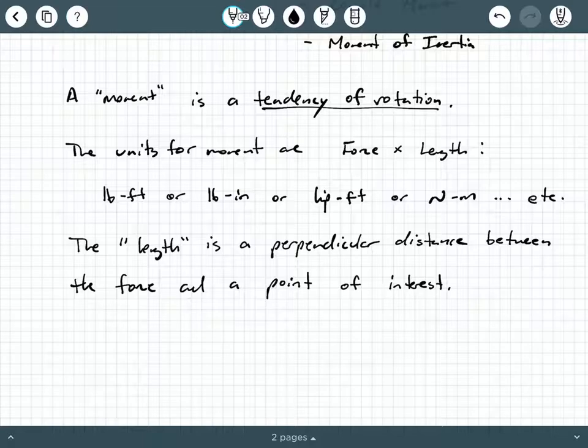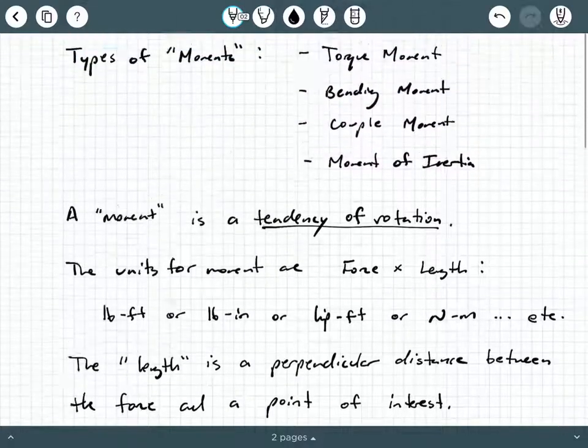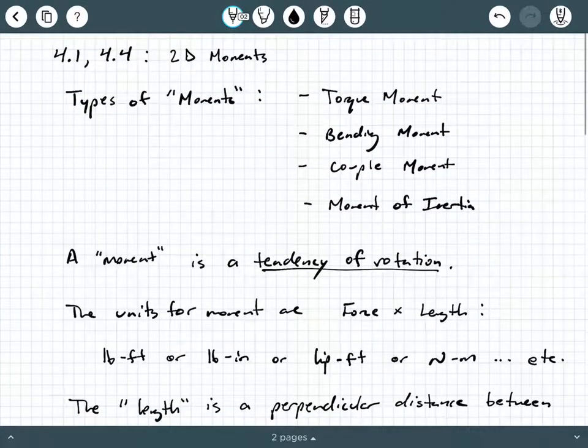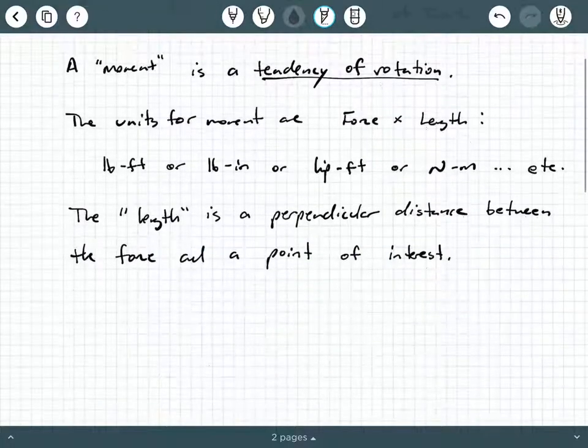So that's it in general. Now, the next question is, what distinguishes this thing called a torque moment versus a bending moment versus a couple moment? And that's what we're going to end up talking about in the following videos.